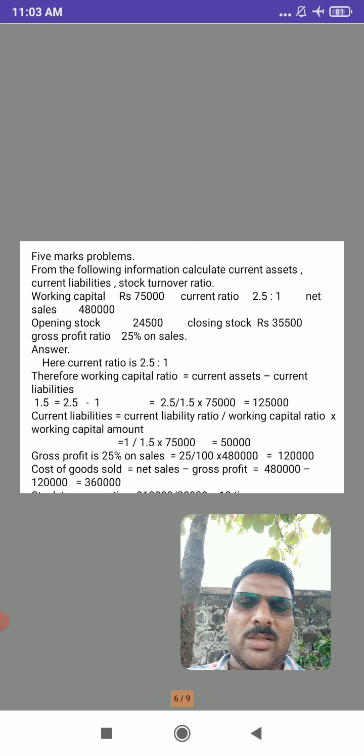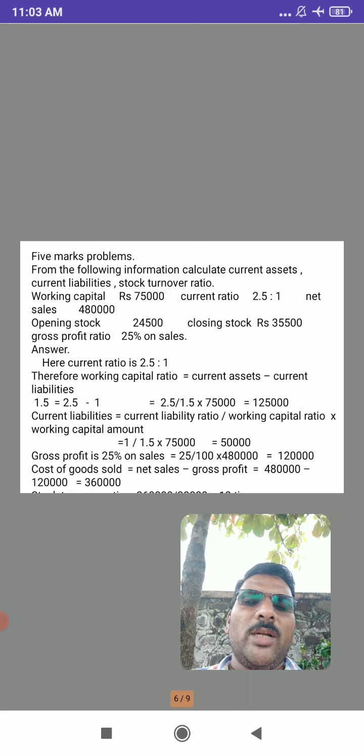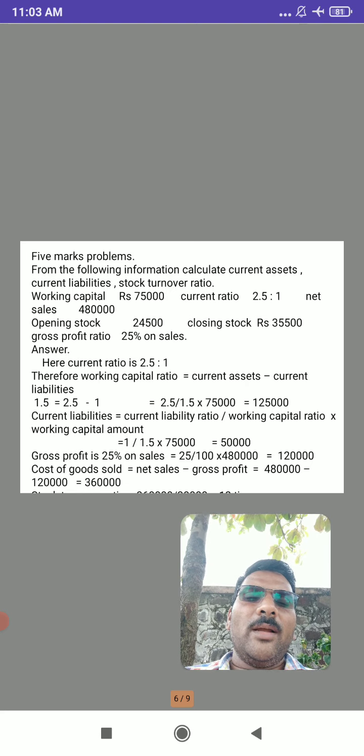After getting 1.5, it is time to calculate the amount: 75,000 into 2.5 divided by 1.5, and we get 1,25,000. So current assets is the current asset ratio divided by the working capital ratio into the working capital amount. Here we got 1,25,000 as current assets.